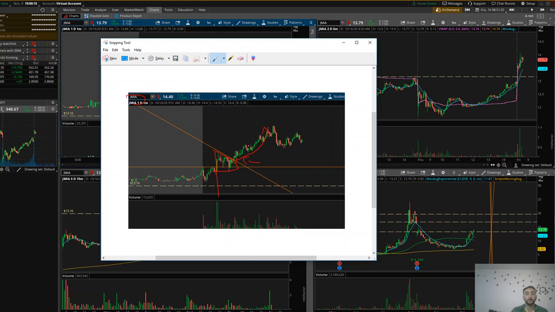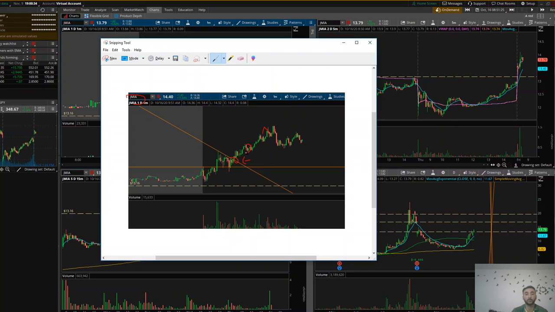Now, what happens is that when the bull flag is formed, it's just so quick. You have this very small window to get in, and I miss it sometimes too.